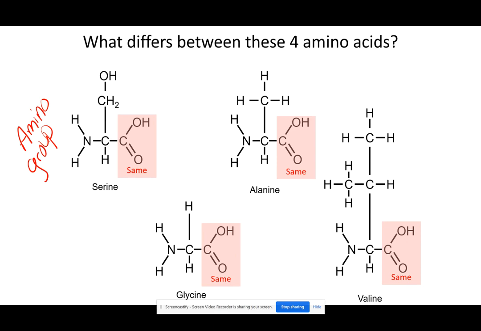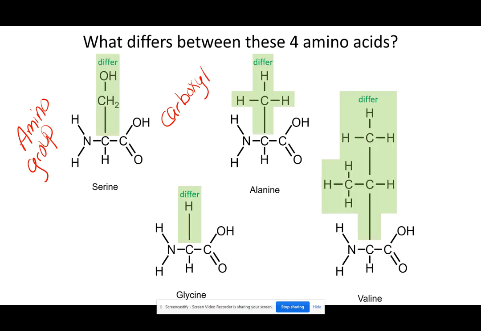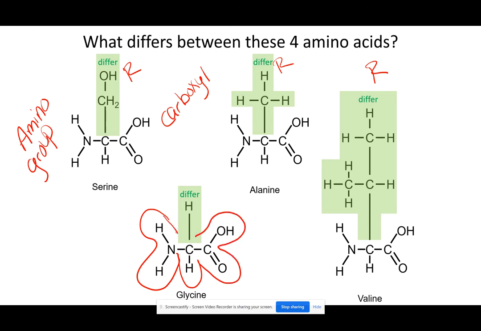The carboxyl group is the same. It's the R groups that are different, right? So it's always the R group that differs between different types of amino acids. The butterfly stays the same, that amino group stays the same, that central carbon stays the same, that hydrogen stays the same. It's just the R group that changes.